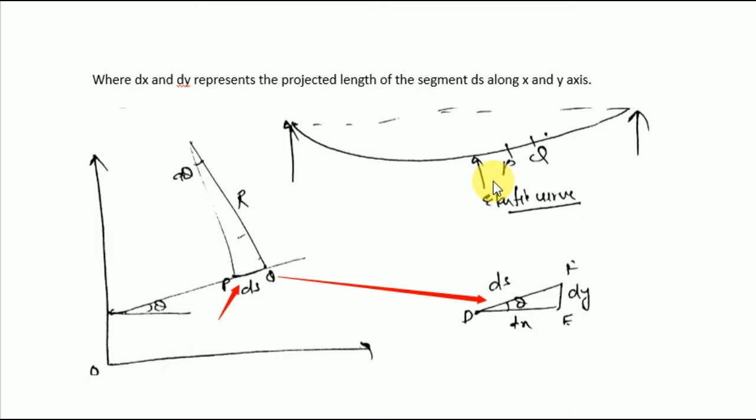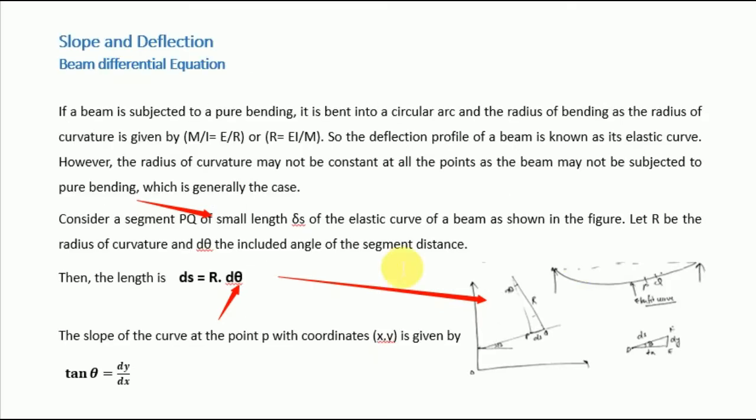We can deduce the value of ds, and also a relation which comes from this triangle. We can find ds in terms of r and d theta: r into d theta is equal to ds, which is the formula of an arc shown here.